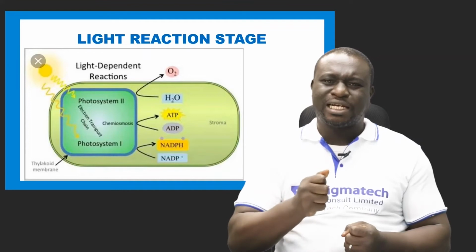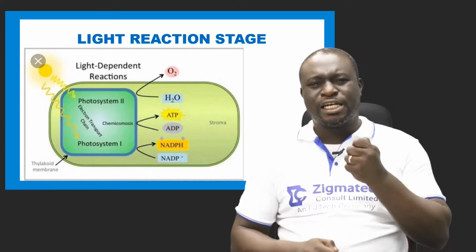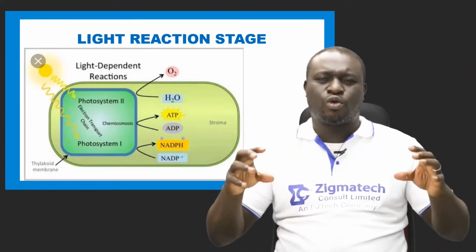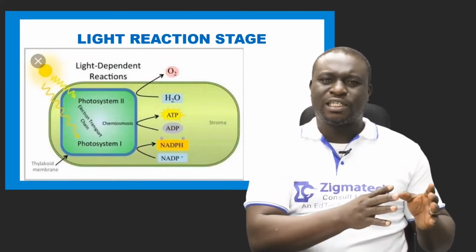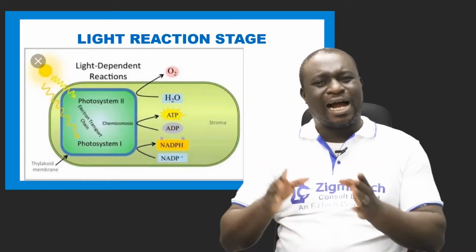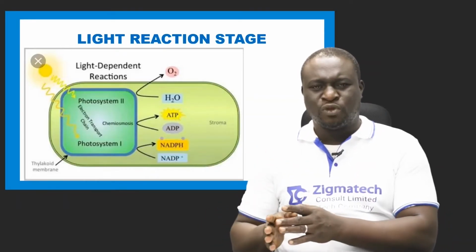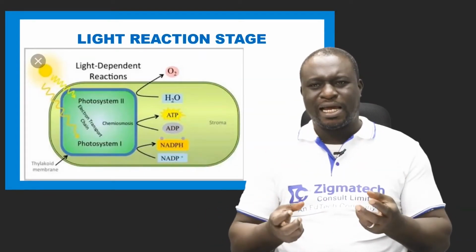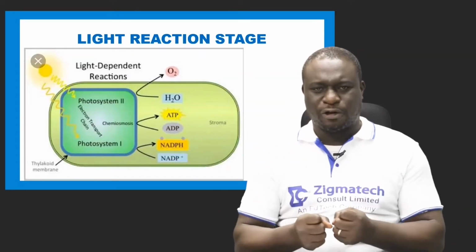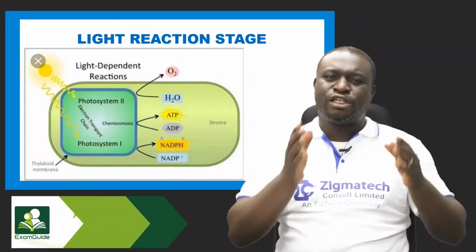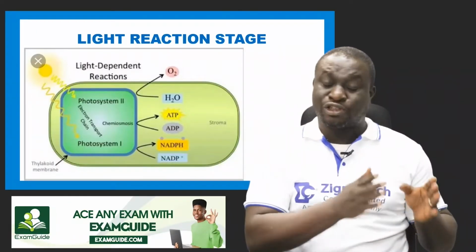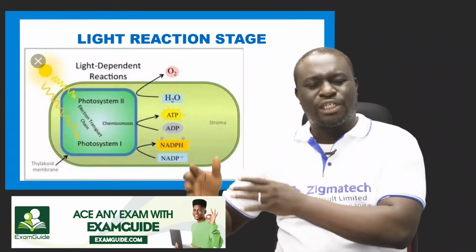And that energy that is trapped by chlorophyll is used to split water. Water is split into hydroxyl ion and hydrogen ion. I repeat, the energy from the sun is trapped by chlorophyll, and that energy is used to split water into hydroxide ion or hydroxyl ion and hydrogen ion.